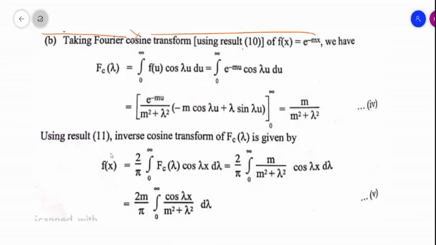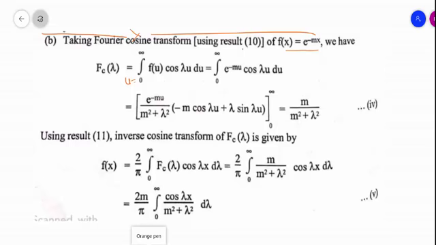By the definition of the Fourier cosine transform, fc of lambda is given by the integration with limits of u going from 0 to infinity, f of u cos lambda u du. Substitute the value of f of u, we get this.